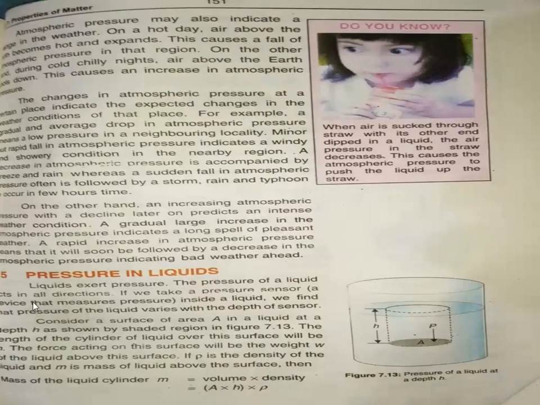We are going to start pressure in liquids. First of all, whenever a liquid is placed in a container, it will exert some pressure. The liquid could be water. The pressure of a liquid acts in all directions.